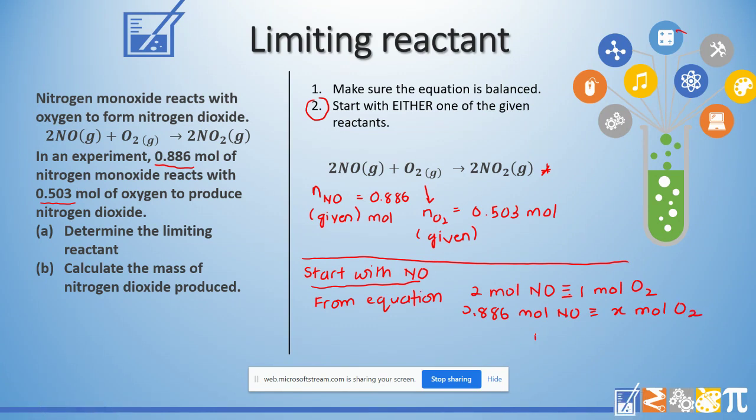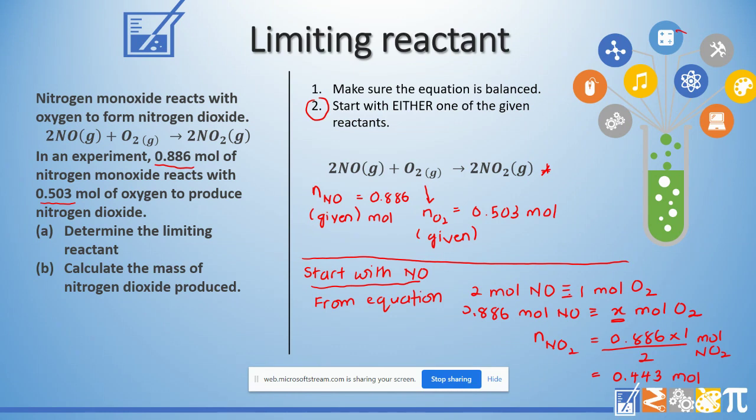If you calculate, your n of O2 will be 0.886 times 1 over 2 mole. We have learned this before. That means the value will be 0.443 mole of, oh sorry, this is not NO2.